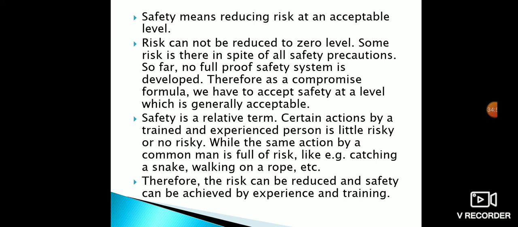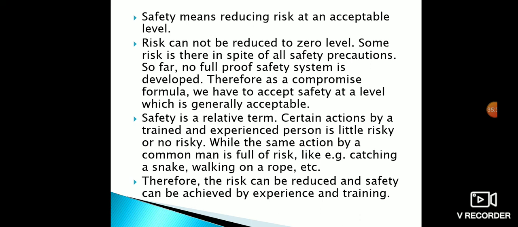Even with all safety precautions, equipment and tools, we still have some risk. We can try to reduce the risk, but it cannot be reduced to zero level. Therefore, as a compromise formula, we have to accept safety at a generally acceptable level.